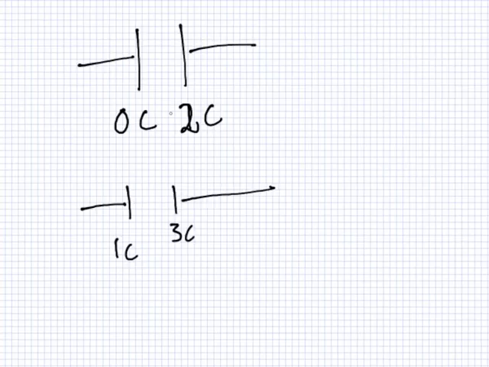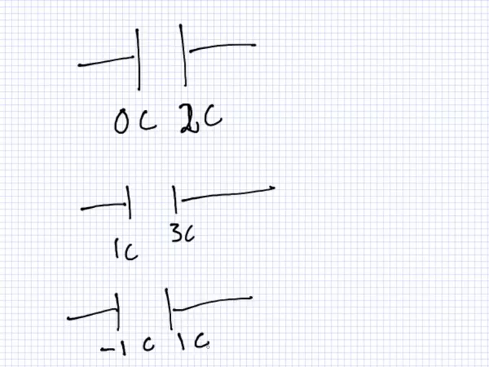The difference is 2. Here, what's the difference? 2. And that's the same as having minus 1 coulomb here and 1 coulomb here. The difference in the charge is 2.